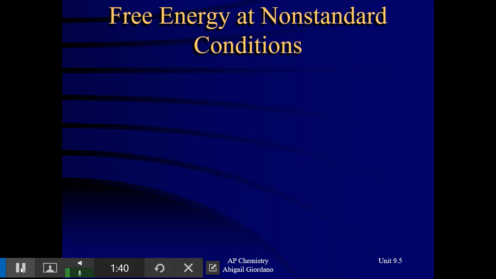And all of the delta G's that we have looked at thus far have had this little degree symbol next to them, which indicates standard state conditions, which means 25 degrees, gases are at 1 atmosphere of pressure, and anything aqueous is at a standard concentration of 1 molar.